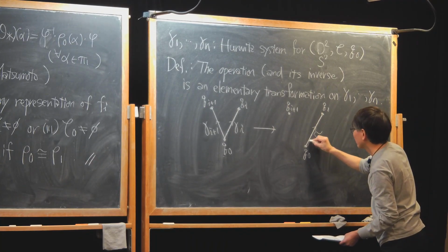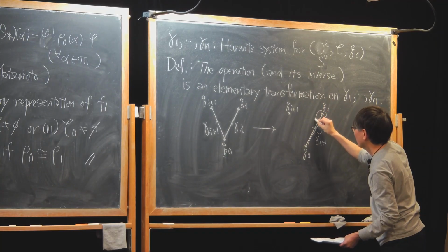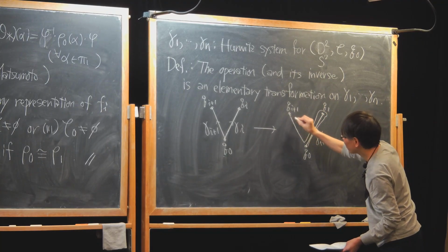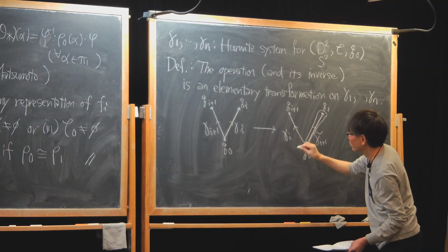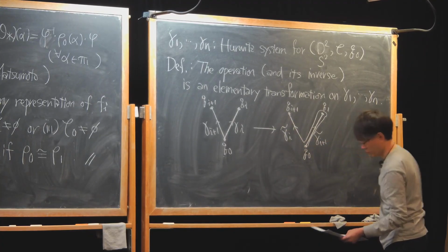And this path is new gamma_i, so gamma_i tilde.